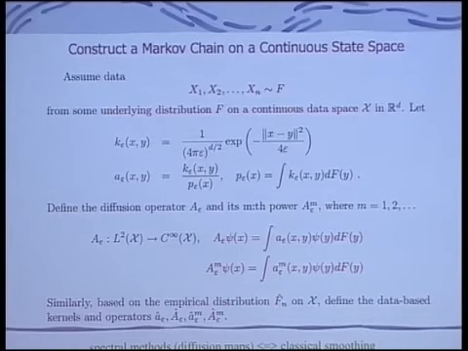Then we define the diffusion operator on functions on this set. So we have the diffusion operator A epsilon, where epsilon is the bandwidth, and then we also define the mth power, A epsilon m.